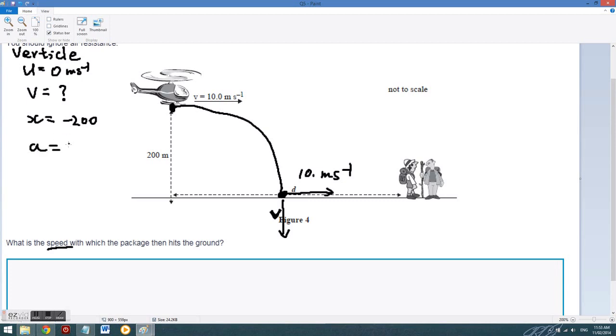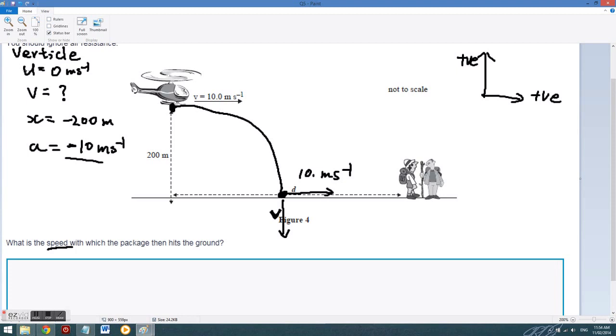Acceleration will be minus 10, because going up is positive, so moving down will be minus. Don't forget the minus.